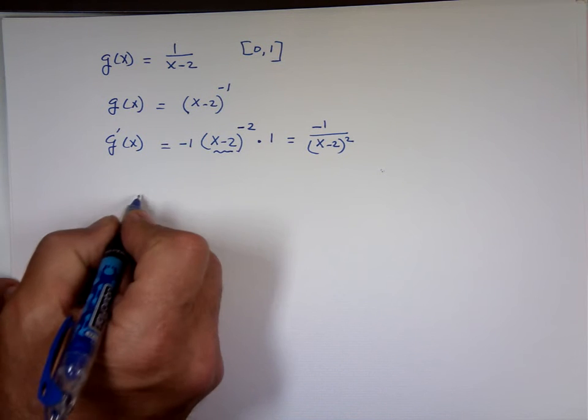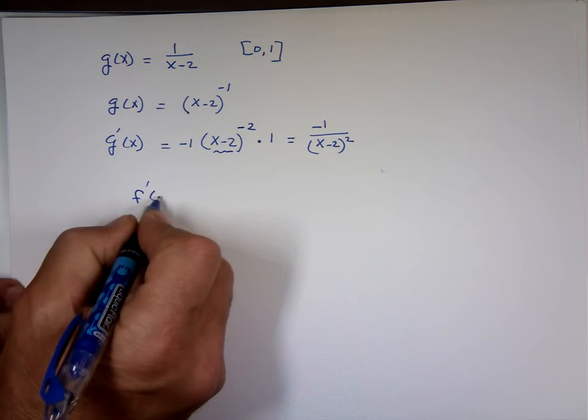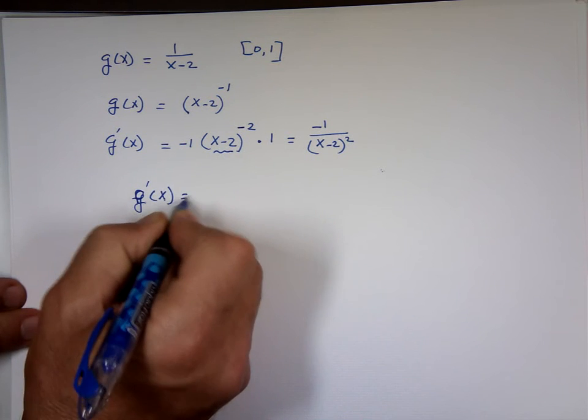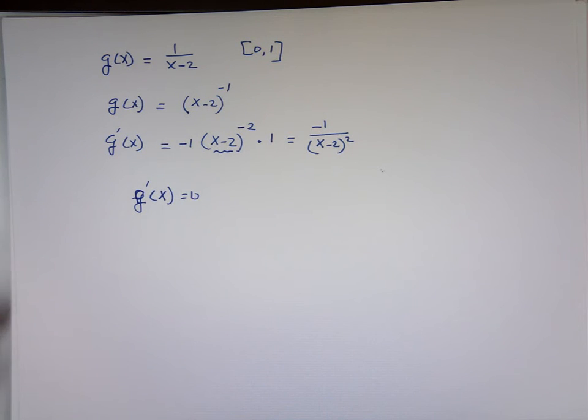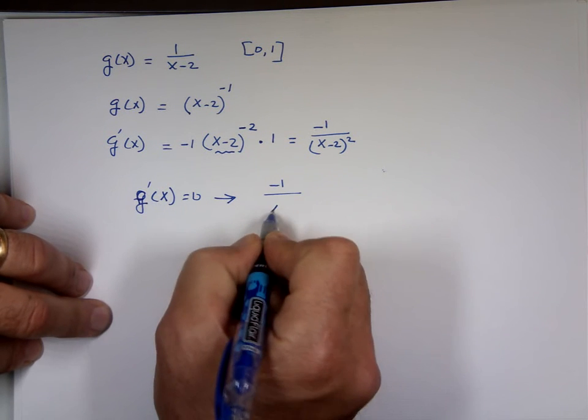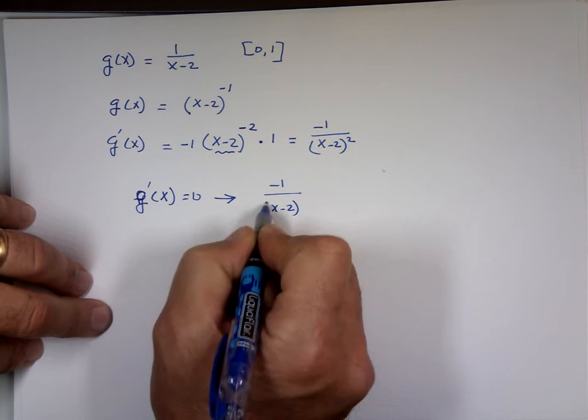Where is my derivative equal to 0, or g sub x? When is that fraction going to equal to 0? Never equals 0. Why? When you have a fraction, for the fraction to equal to 0, that means the top will have to be 0.